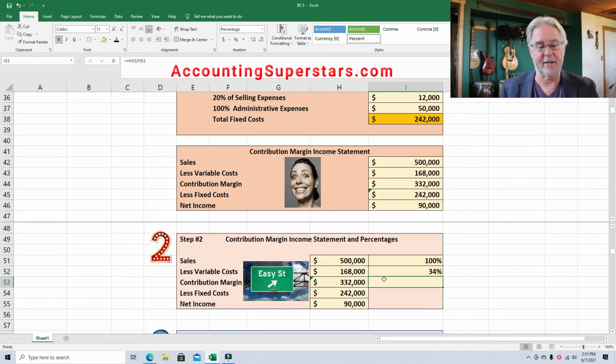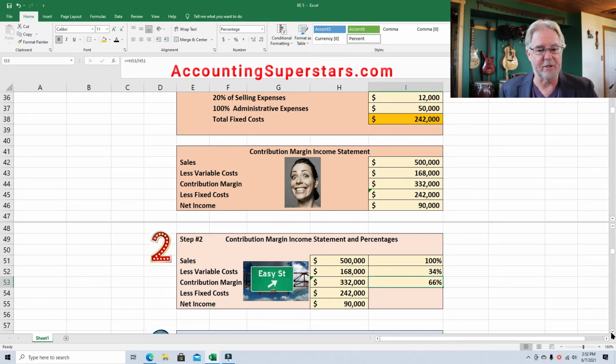And that's easy. We could do it a couple different ways. One simple way is just take 100% minus 34%, and you get what? 66%. Another way to do it, which is also easy, is you could take 332,000, divide it by sales, and you'll also get 66%. So folks, you'll get the same answer either way there.